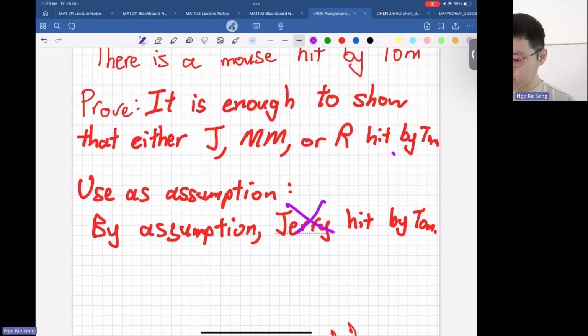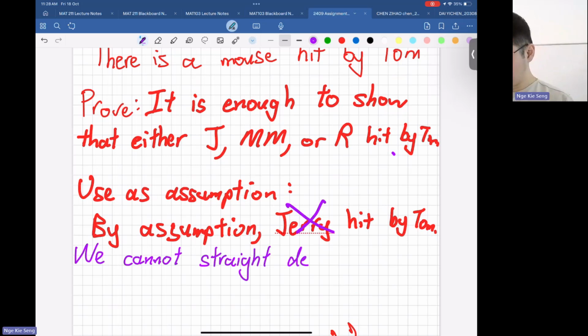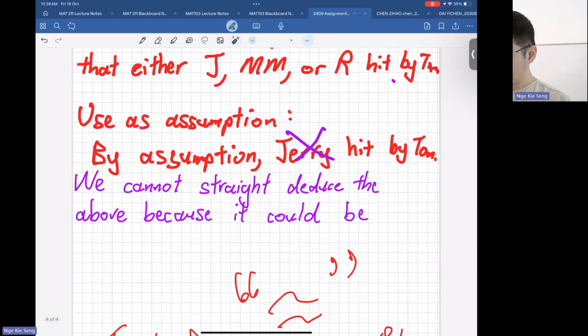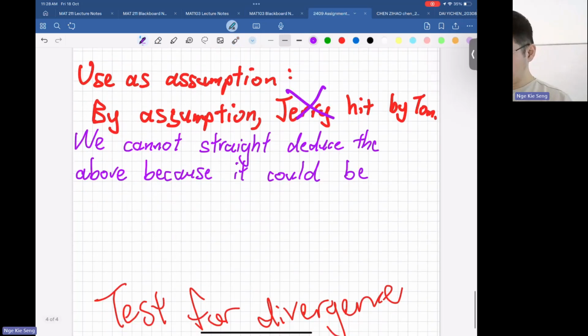We cannot straight away deduce the above because it could be... let me use a table to summarize.